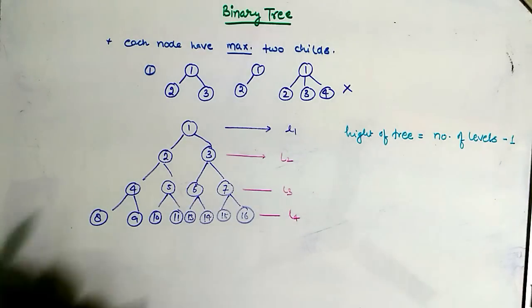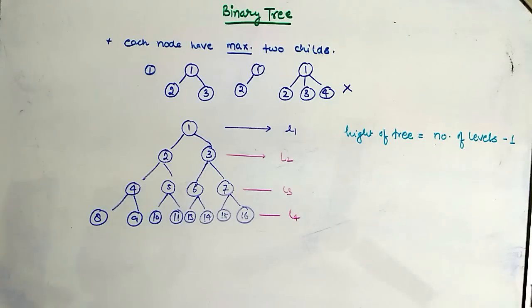This is the first definition. The height of the tree is number of levels minus 1.